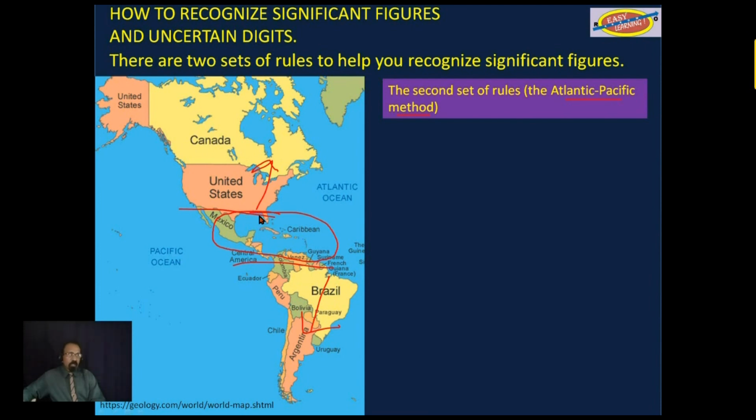If you look carefully at this map, you will notice on the right-hand side, there is the Atlantic Ocean. And on the left-hand side, there is the Pacific Ocean. We can use the position of these two oceans to help us recognize significant figures.